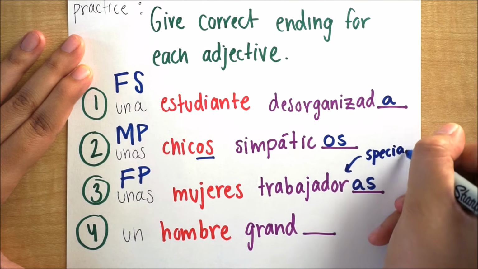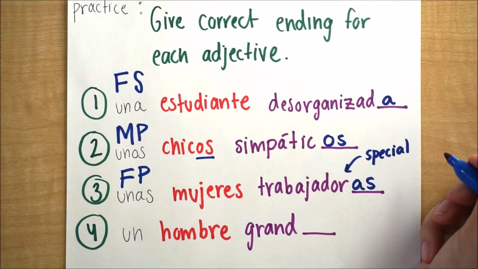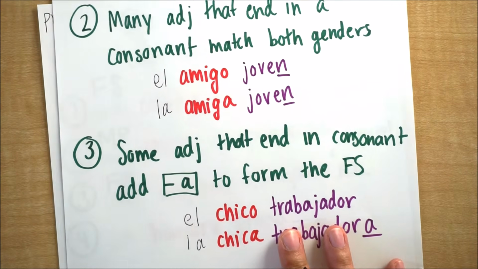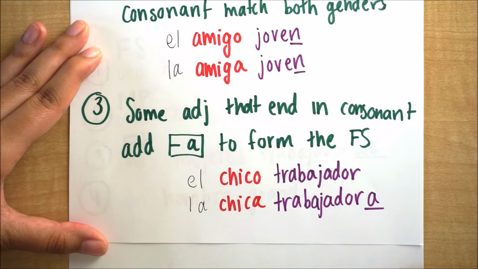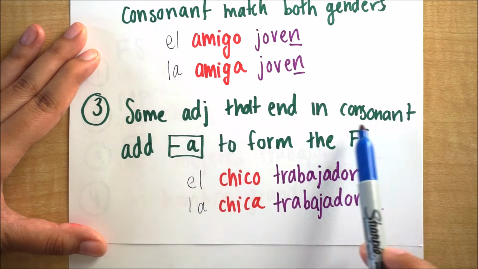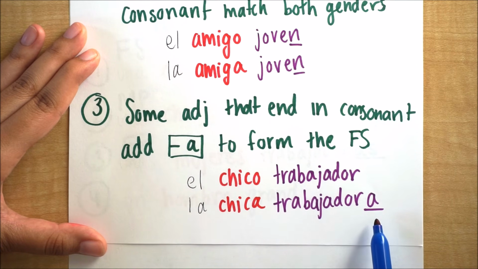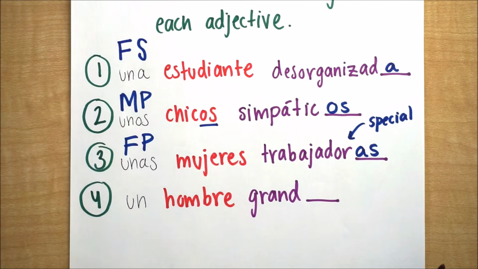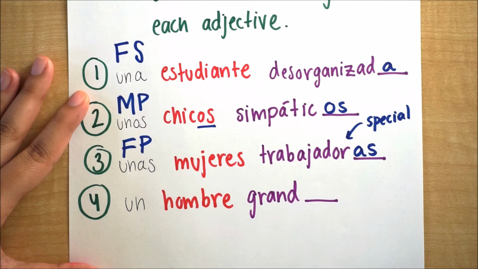And remember, trabajador is our special case, so let's go ahead and refer back to our sheet. Some adjectives that end in a consonant, where R is the consonant in trabajador, you can add an A to make it feminine and singular. So we can say trabajadora. So that would make it feminine and singular, but in order to make it feminine and plural, we have to add that S. So we have unas mujeres trabajadoras.